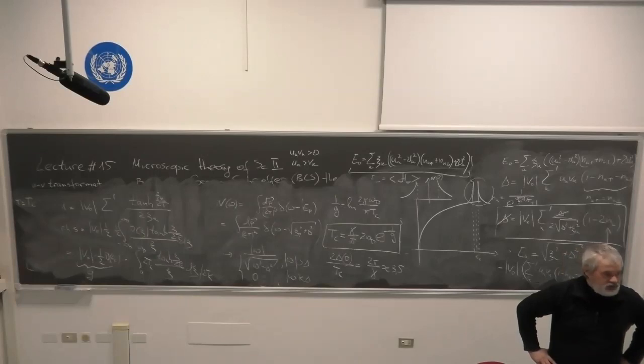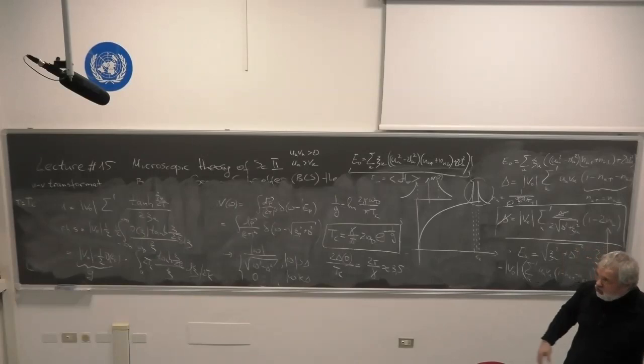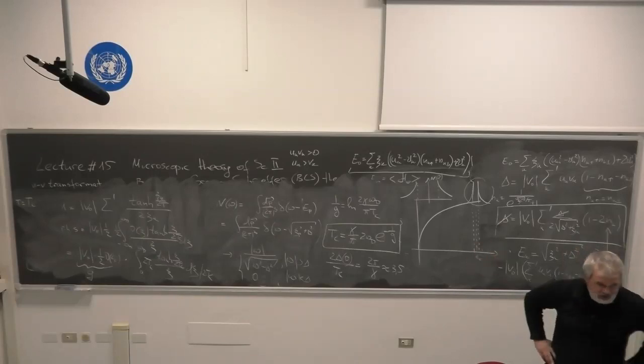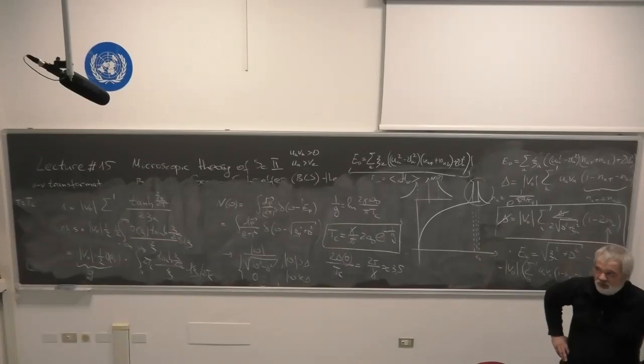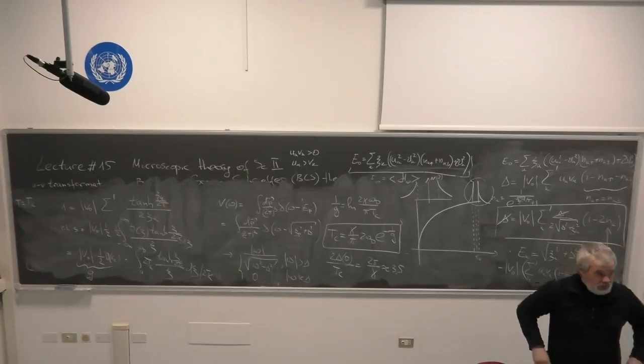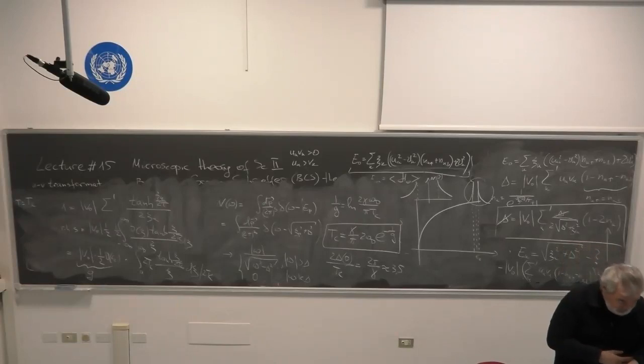Then, pretty soon, thanks to the works of Bogolyubov and Landau, it was shown that this Bogolyubov transformation, which I used today, is a very efficient tool to derive the BCS theory, minimizing the energy as a functional by tuning these U and V coefficients to find the minimum of the function.